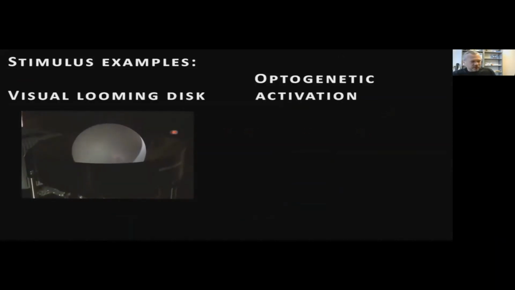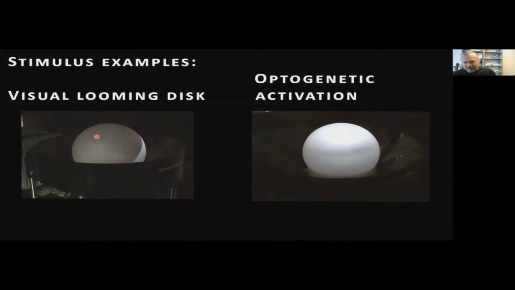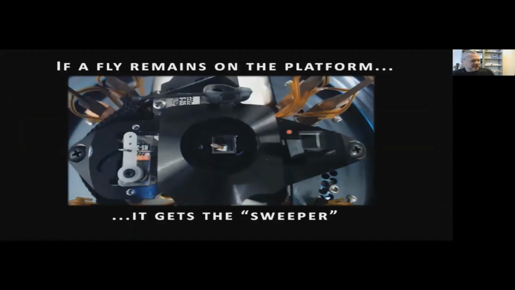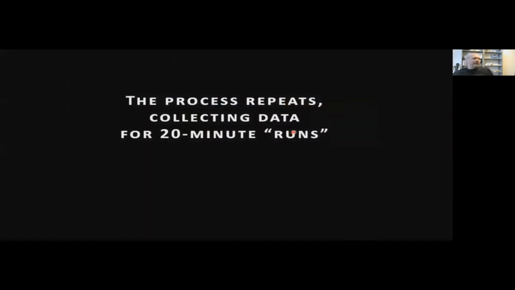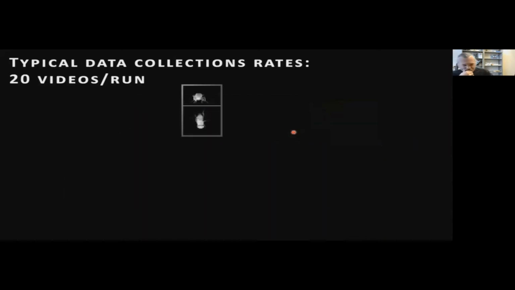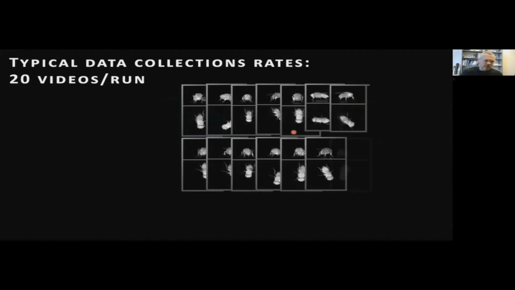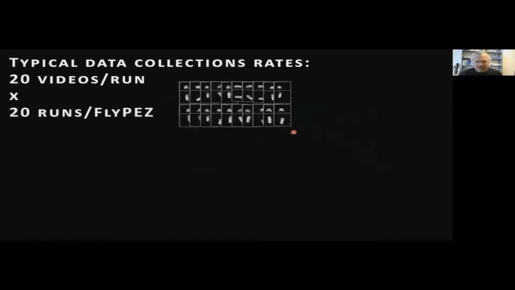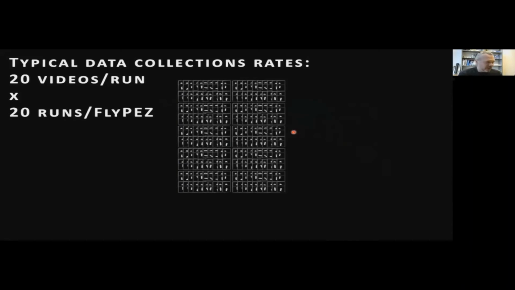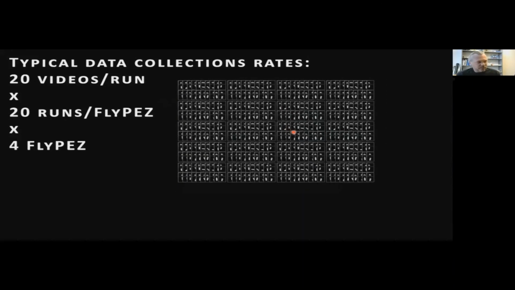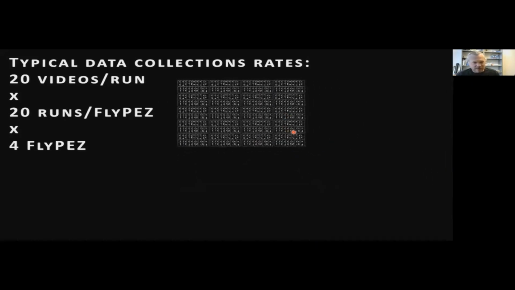In some cases, we would try to scare the animal to make it jump away or use optogenetics. And then the high-speed version of the video is downloaded, and if it doesn't jump, it gets swept away. So this goes on for 20 minutes, during which we would get about 20 videos per run and 20 runs per day per FlyPez and 4 FlyPezes.